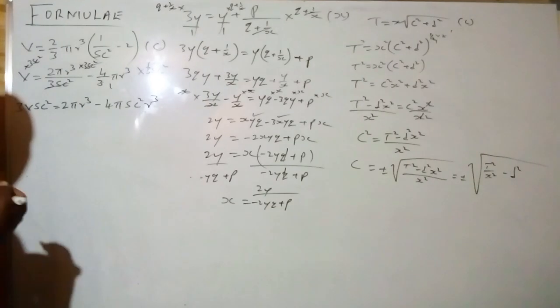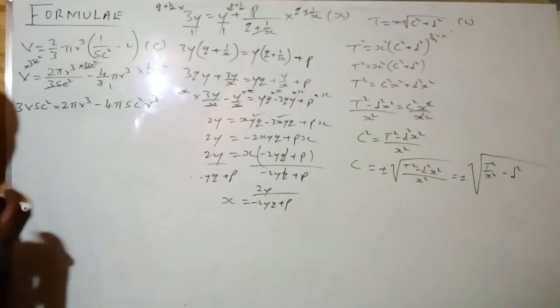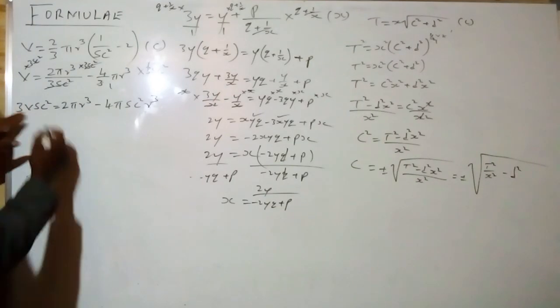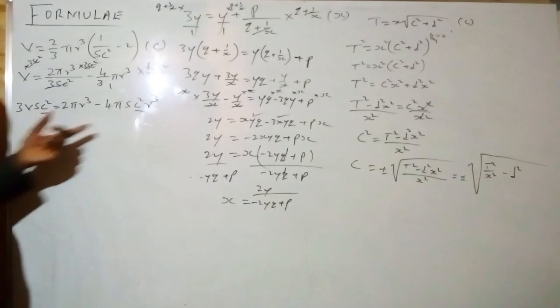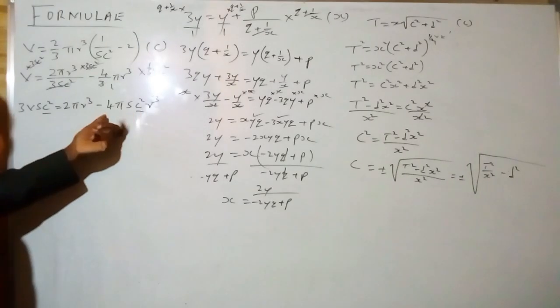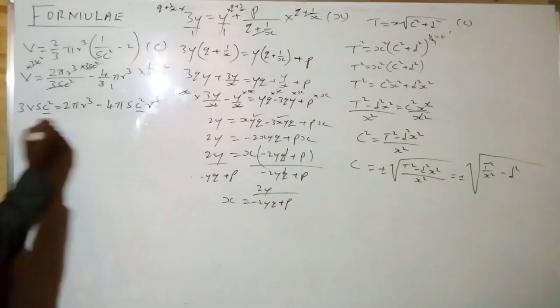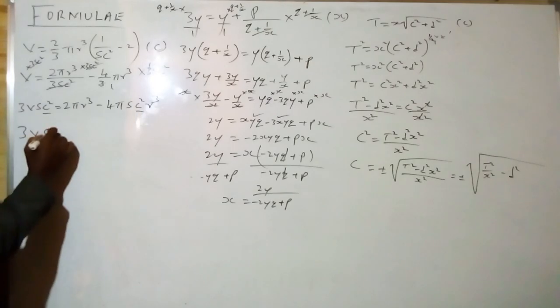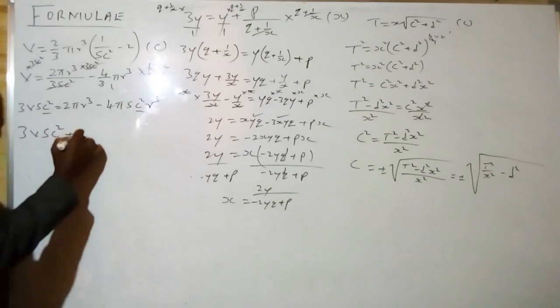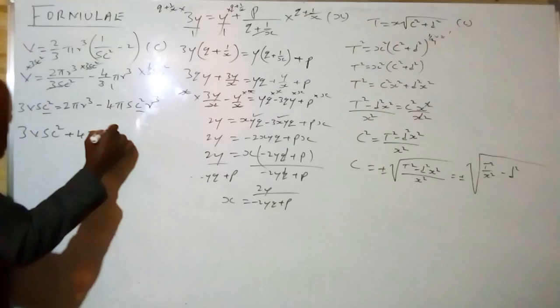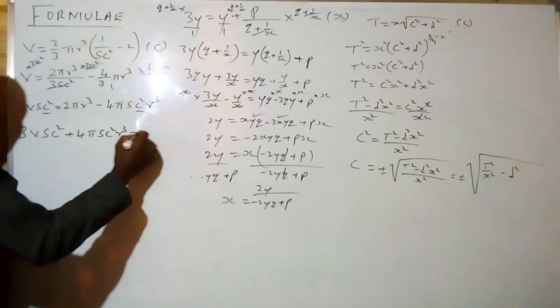Then we can check where we have c's. I can see c here and c here. So the values with the c, we can bring them towards our left hand side. And we have 3v c squared plus 4 pi c squared r cubed is equals to 2 pi r cubed.